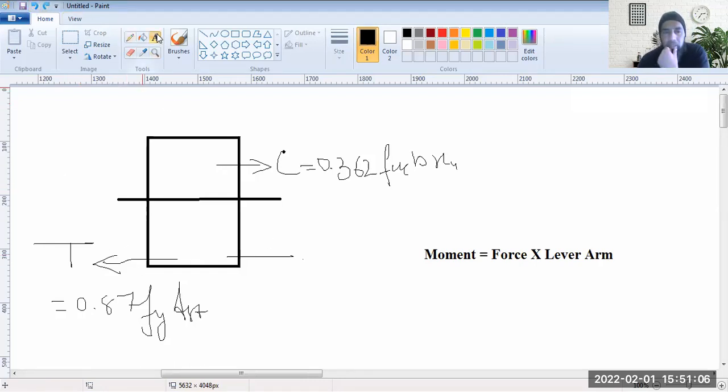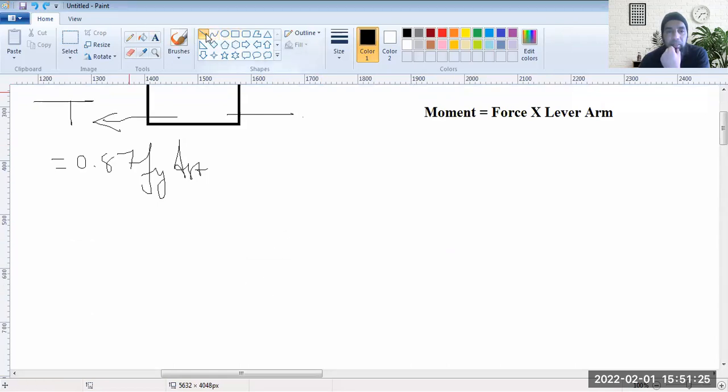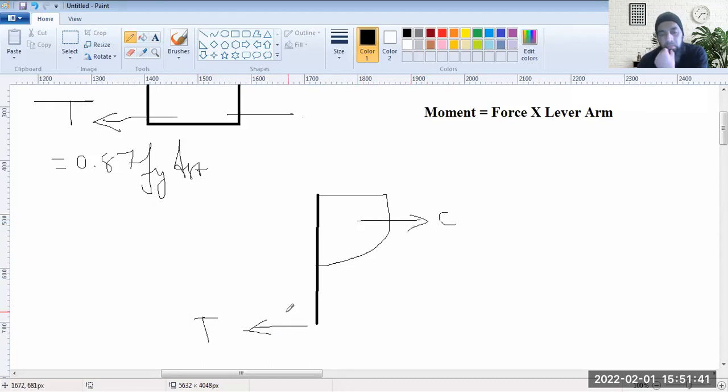So moment is the force. Compressive force is at the top and tensile forces are here. The moment would be the lever arm between the compression and the tension forces. So if you already had that stress diagram like this, remember this is a stress diagram at a section.